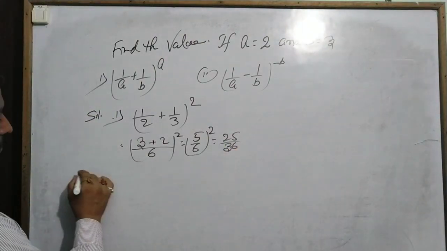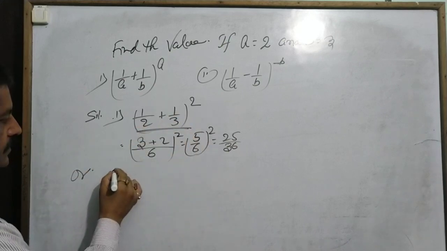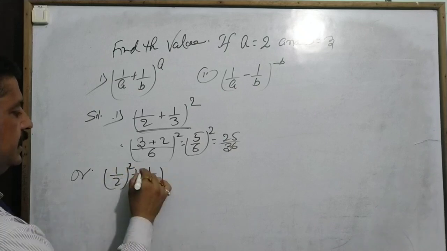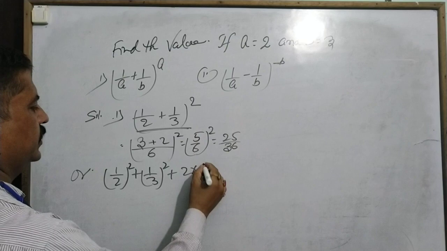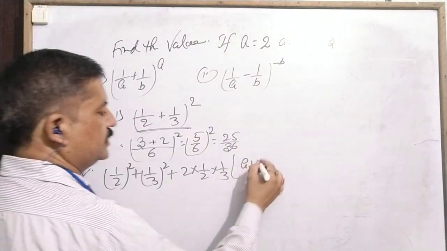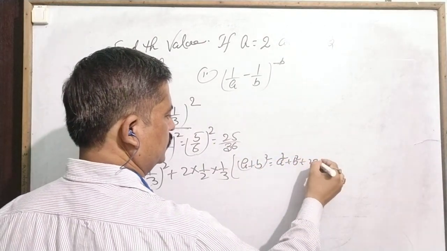Or by a second method, you just expand the square: (1 by 2) square plus (1 by 3) square plus 2 into 1 by 2 into 1 by 3, because (a plus b) whole square is equal to a square plus b square plus 2ab.